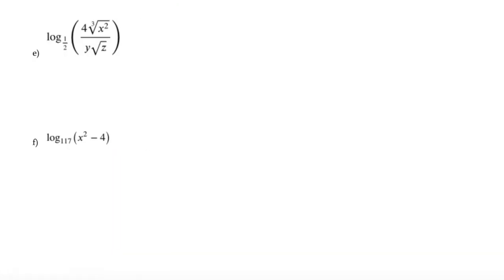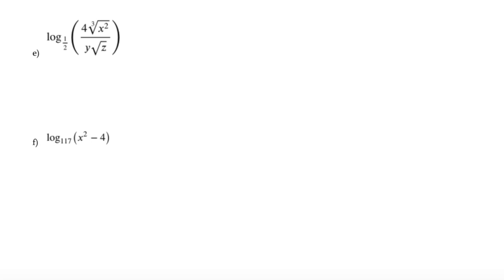I've got a few more examples that we can look at here, especially another complicated one that might be useful for you. We have log base half of 4 cube root x squared over y square root of z. So we've got the division, we have multiplication, we have roots, we have a random base that we're working with here.